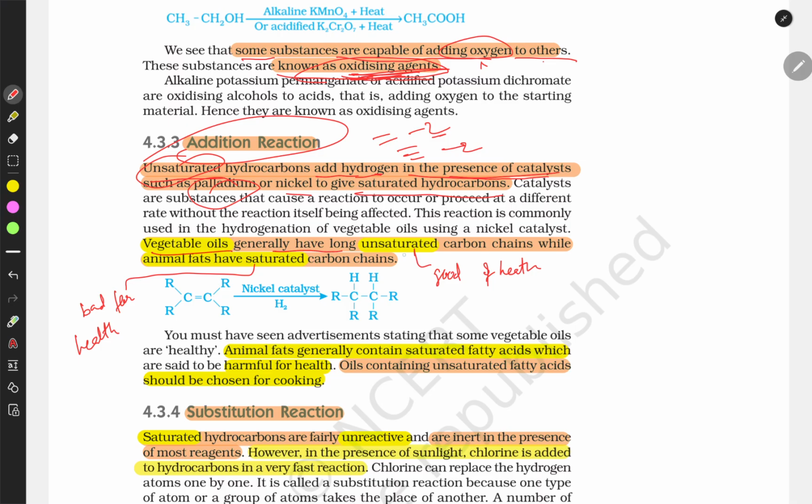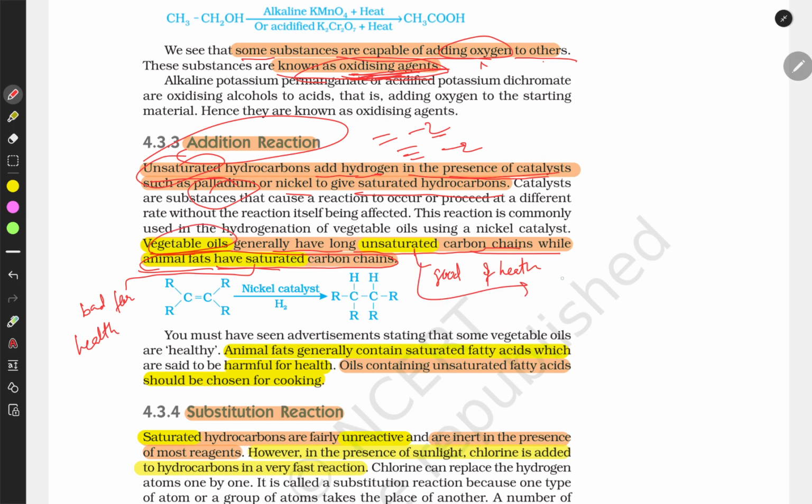Vegetable oil generally has a long unsaturated carbon chain, while animal fat has saturated hydrocarbon chains. See, plant fat is unsaturated. What are the plant oils?